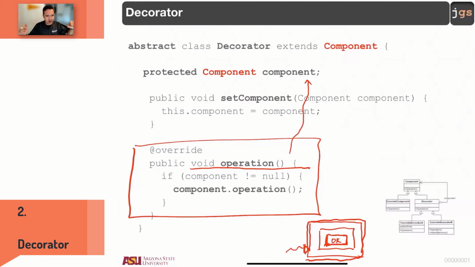But that one is going to call the same operation, paint component in my example, for the element that it has inside. But the element inside is also an object from the same class and is going to do exactly the same action. It's going to call operation for the parent, which is going to call operation for the object that I have inside.